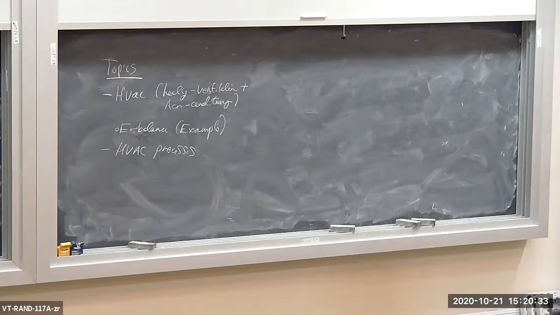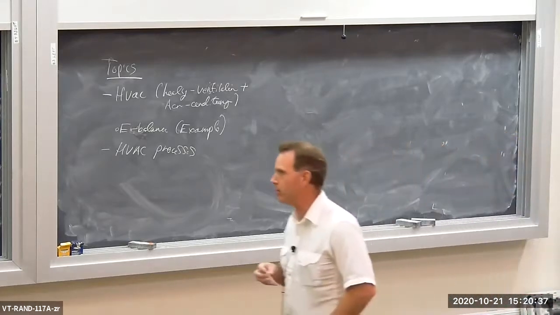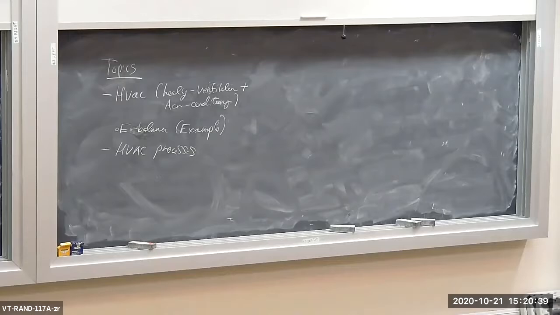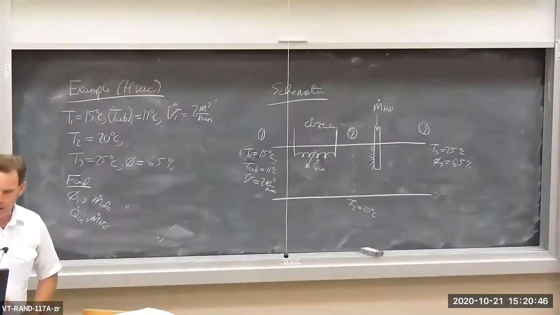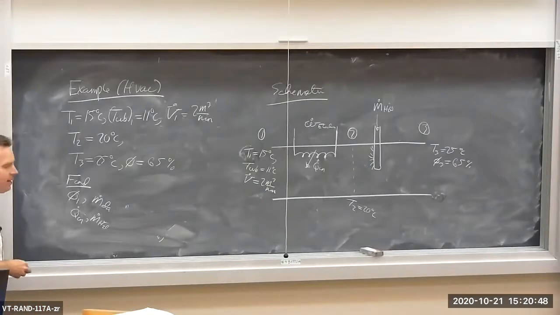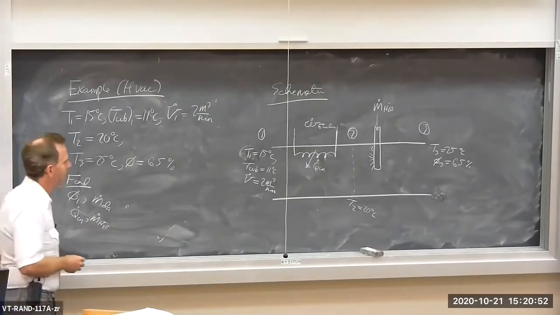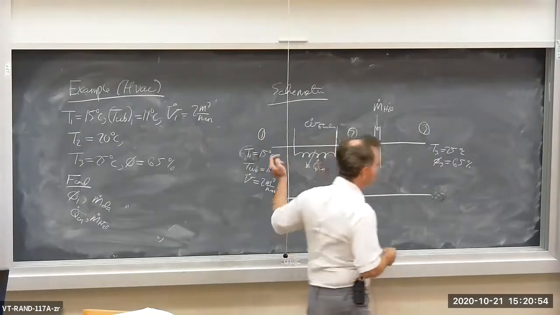But first, we're going to start off with a nice, fairly detailed example involving an air conditioning process, or heating, ventilation, and air conditioning. So what we have here is a two-part device. We have a duct, which contains an electric heater.